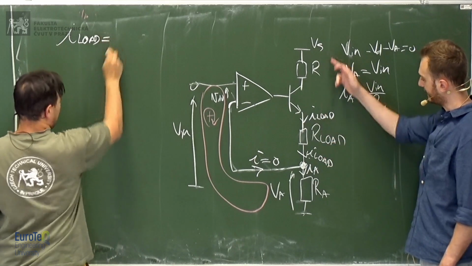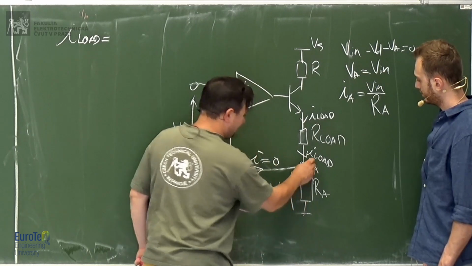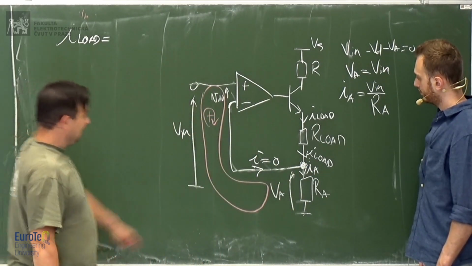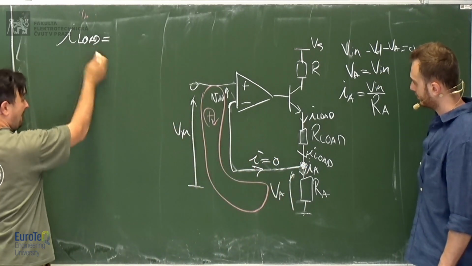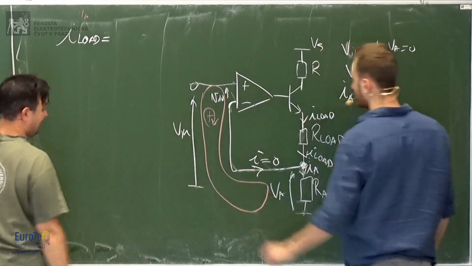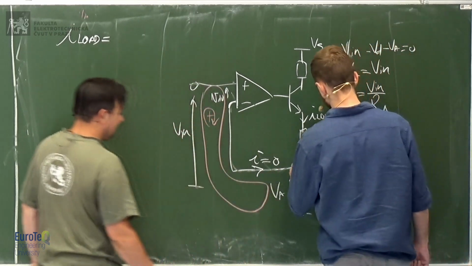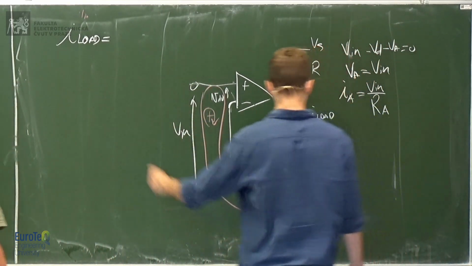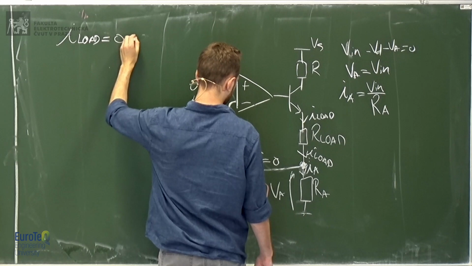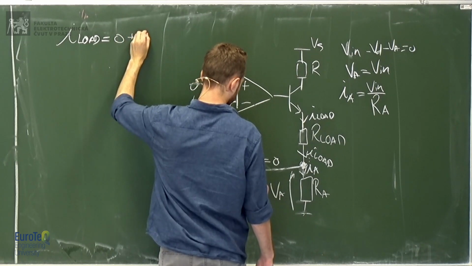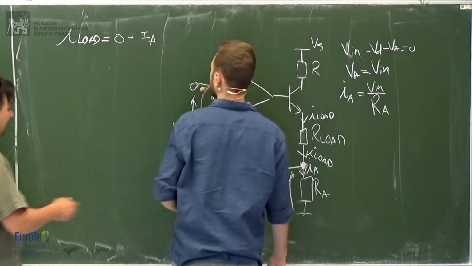You know how much is IA, right? And write Kirchhoff at this node. Look at this node. There is no current here. So I load is equal to 0 plus IA, simply.